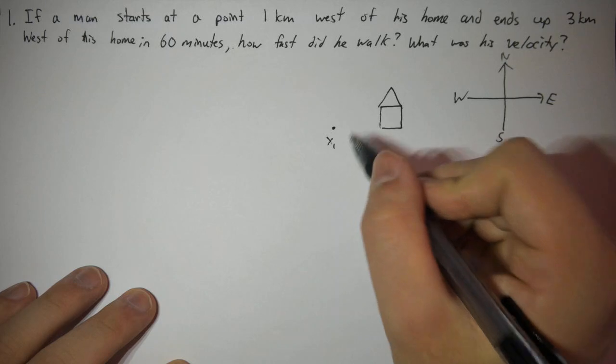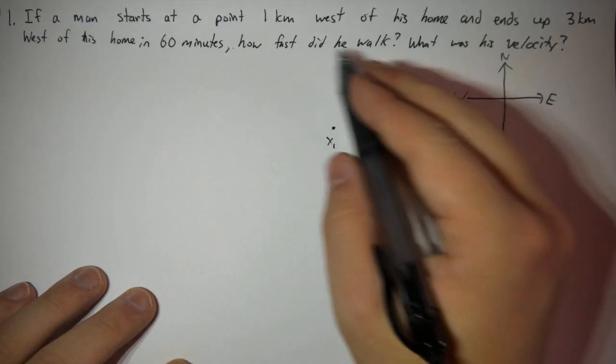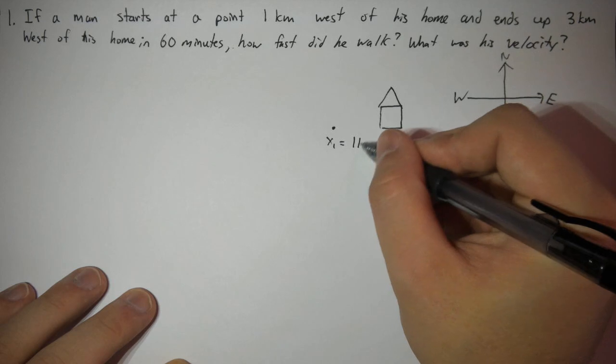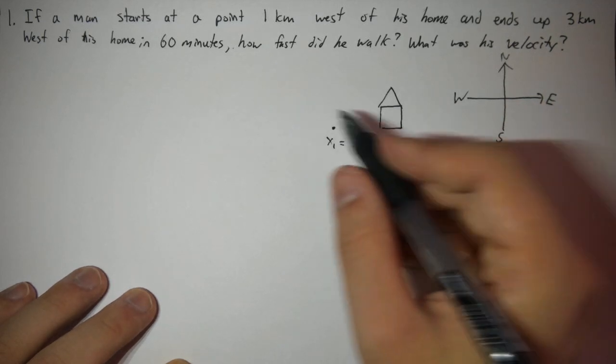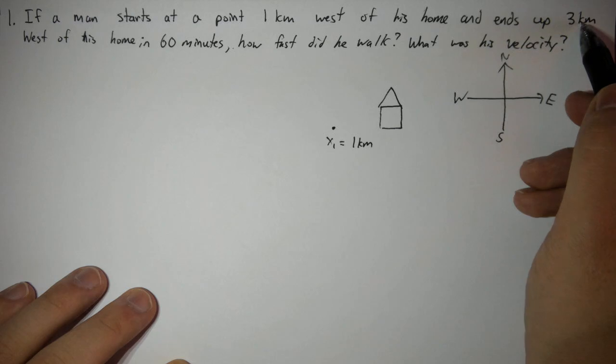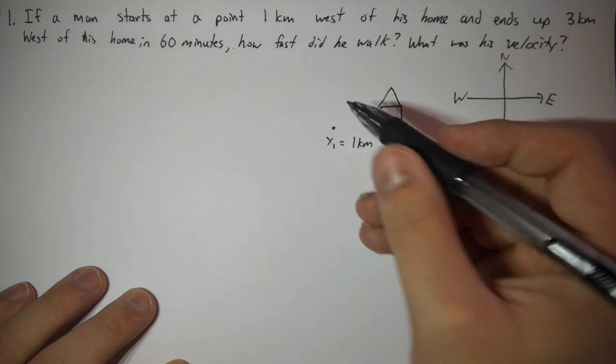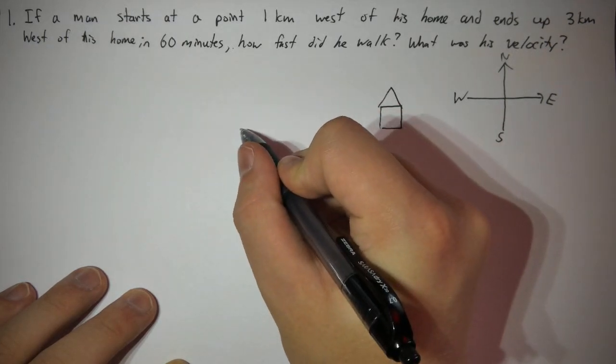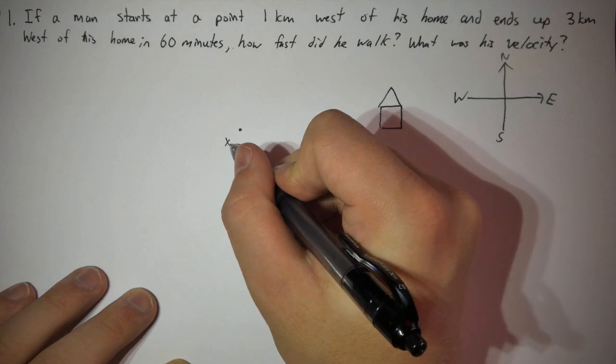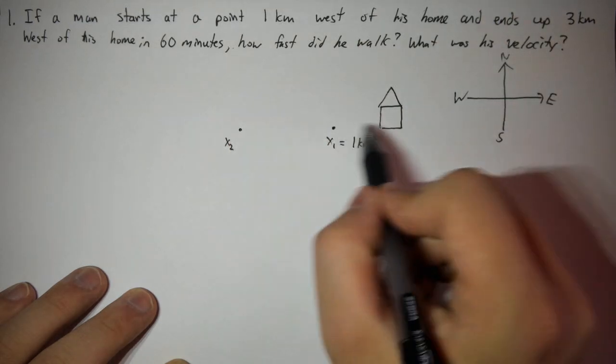And we call this x1, his starting point, and it's at 1 kilometer. Then he ends up 3 kilometers to the west, so he's walking further west away from his home and ends up at 3 kilometers from his house.